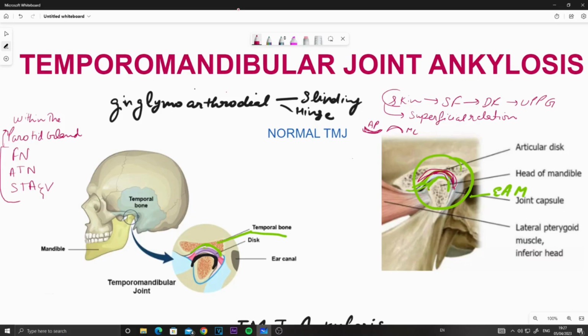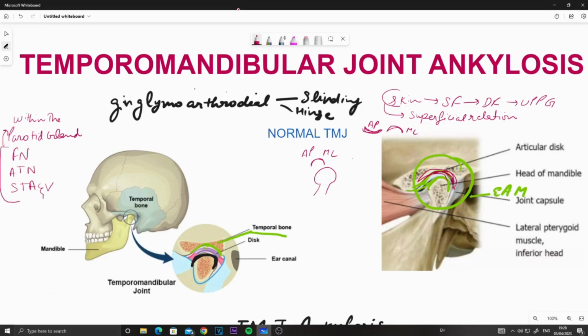Now this condyle is basically oval in shape, convex both anteroposteriorly and mediolaterally. It is a convex shaped structure.